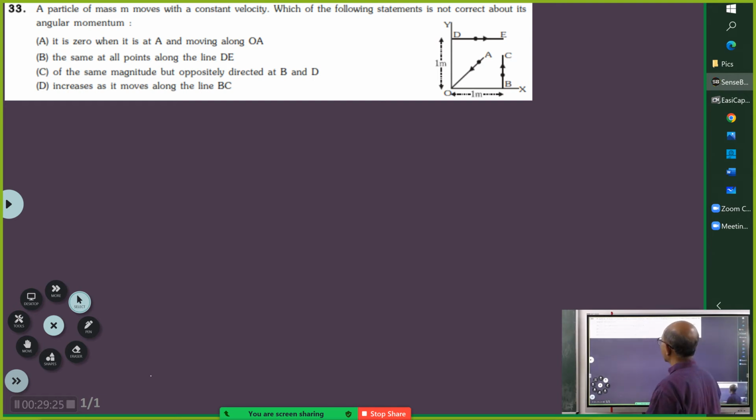Same at all the points along D, right? Which of them is not correct?